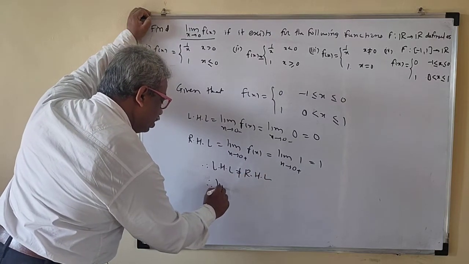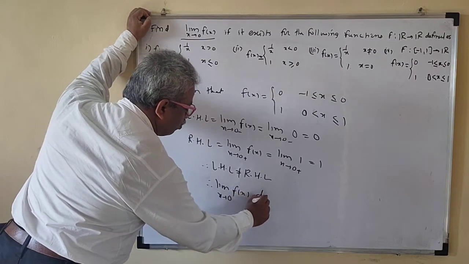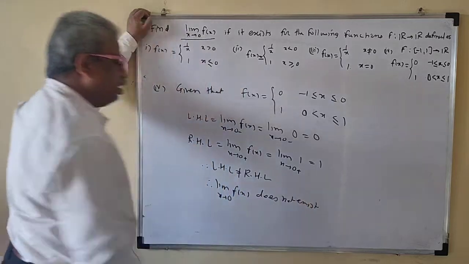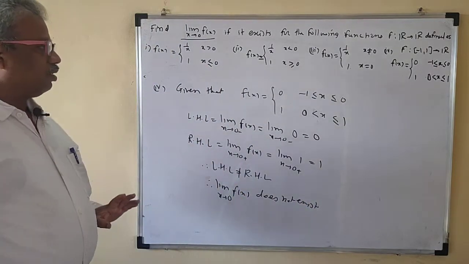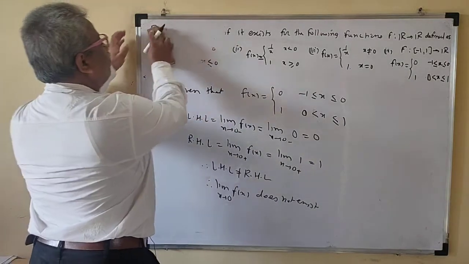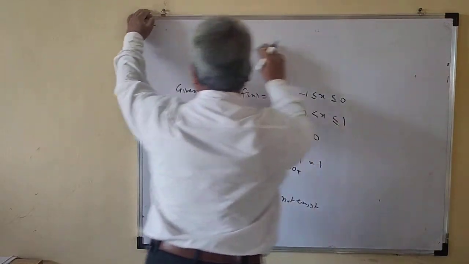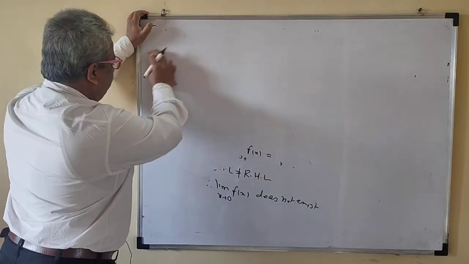So therefore limit x tends to 0 of f of x does not exist. Okay. So this is enough now. Very simple example actually this is. From this you will get an idea how to evaluate the left hand limit and right hand limit.